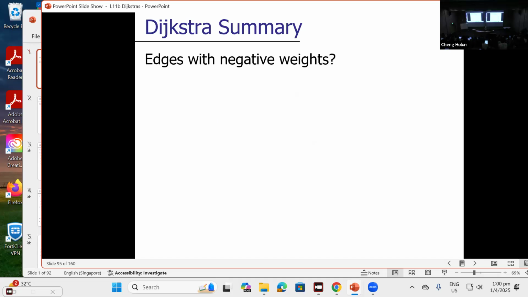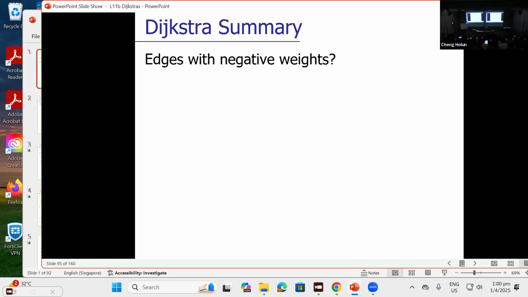In the start, we actually assumed there's no negative edge. Will Dijkstra work with negative edges? If I allow negative edges, what argument will I destroy? Any suggestion?